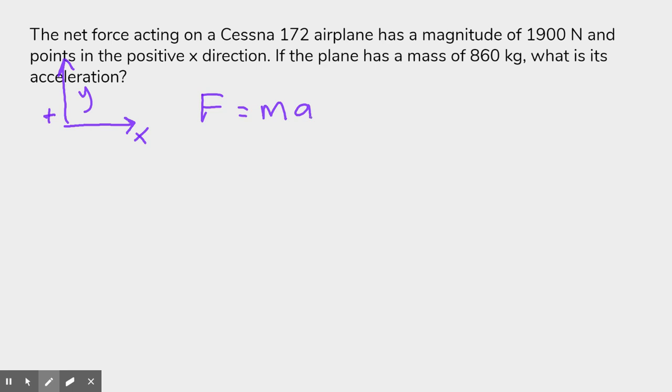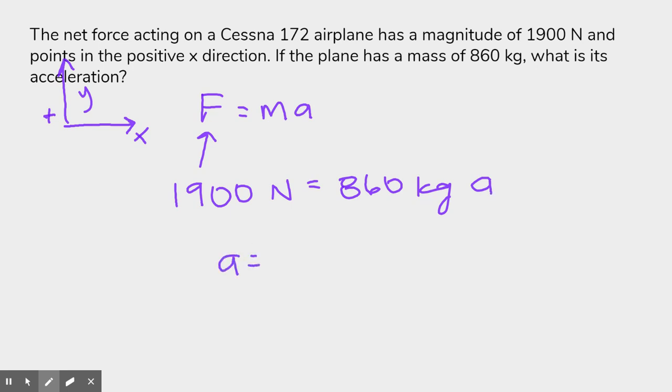Well, we know that this is 1900 newtons, and we know that the mass of the plane is 860. So all we have to do is solve for a. And when you solve for a and report it to the correct number of significant figures, you'll find your answer to be 2.2 meters per second squared.